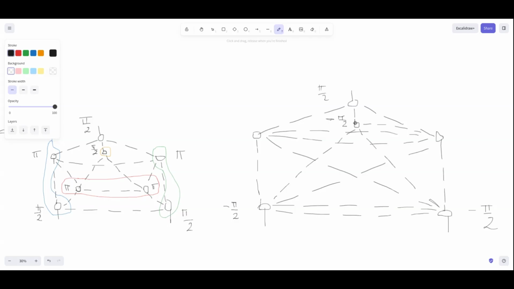Like the nodes that are here, so we connected him to the two nodes before, and yes, I think that's okay.